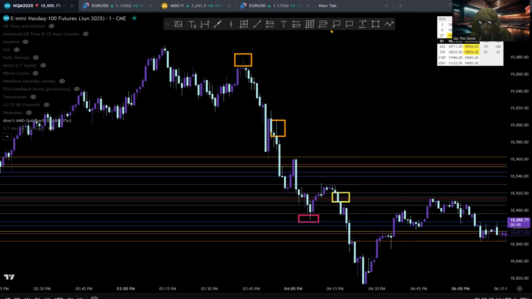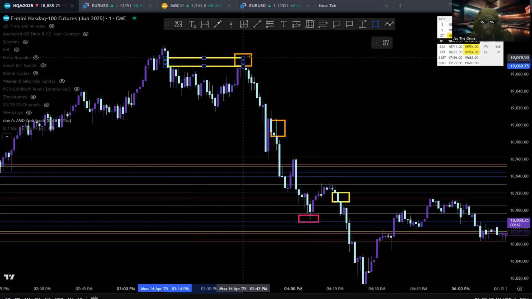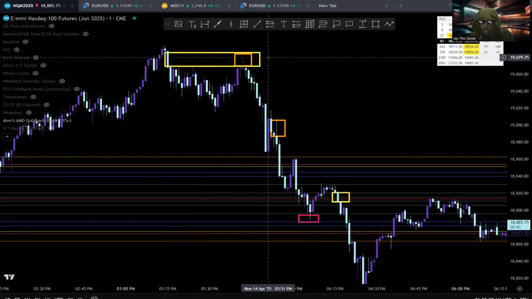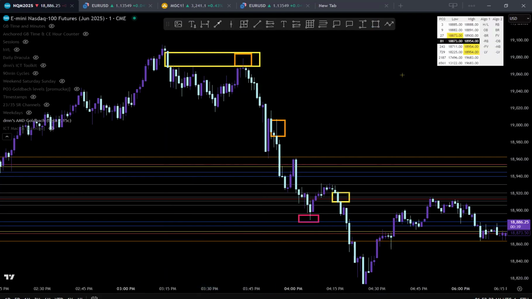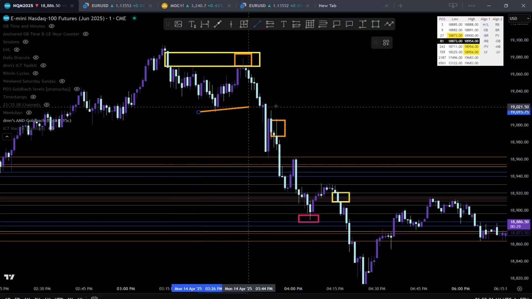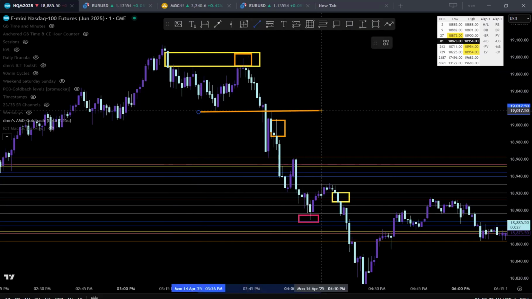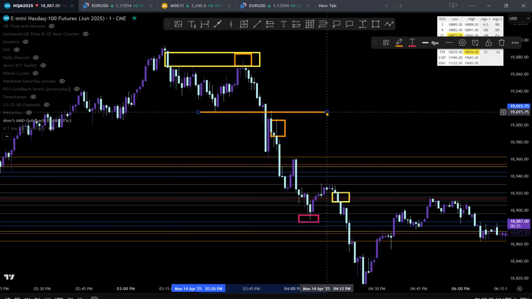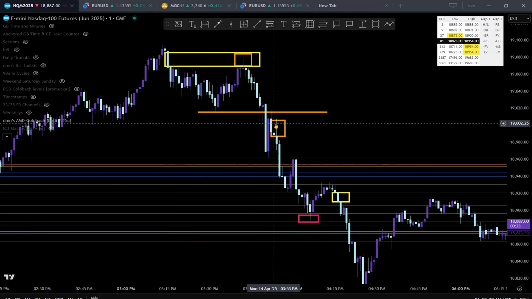In order for you to not be lost in the jungle, you need some organization here. You need to do a few things. Let me get out the way. You need to be able to see what? Fair value gap. You have internal range, short term liquidity. We take that out like a bowling ball. You get sent into a mitigation block.